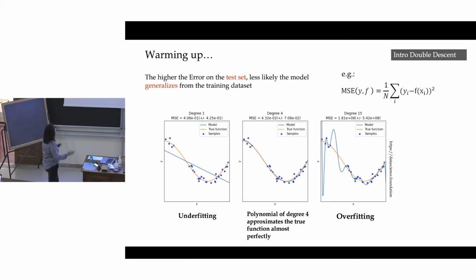I do expect that if I generate new points with this true function, they will be close to the blue curve. That's basically what I was telling before. Of course, now in this last plane I'm in the classic overfitting regime. I'm basically going over all the points, and I have 15, trying to fit this with 15 degrees of freedom. I do not expect that if I generate new samples with the true function, they'll be close to this blue curve. Classical, everything makes sense, life is good.